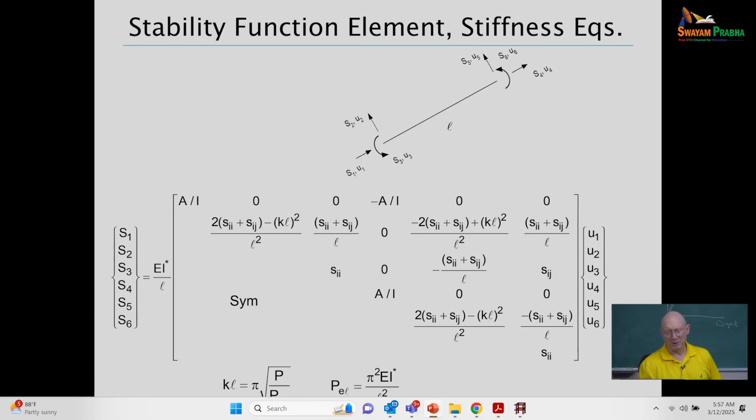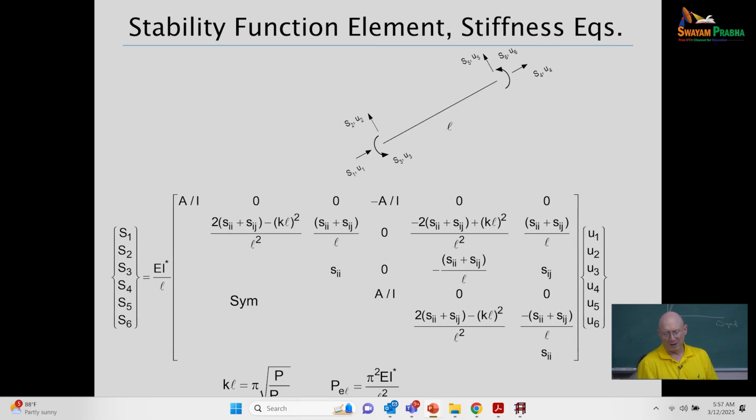But then we can transform that 3x3 equation to the equations for a planar analysis where we have two displacements and one rotation at each node. And so the element stiffness matrix is then 6x6, and that stiffness matrix looks like what you see here.